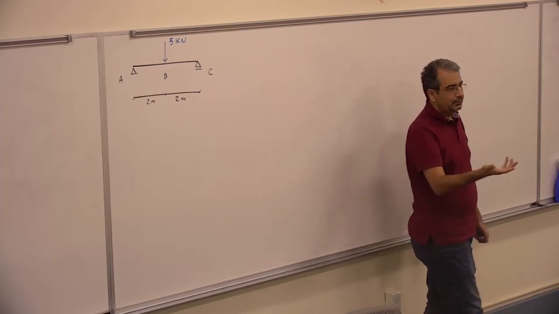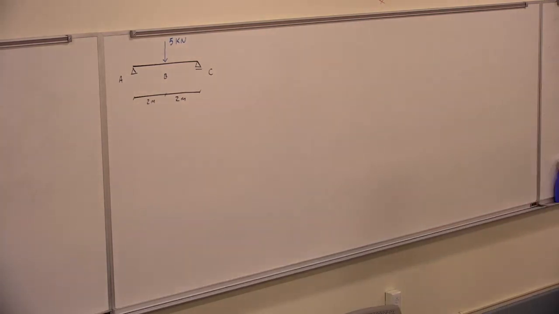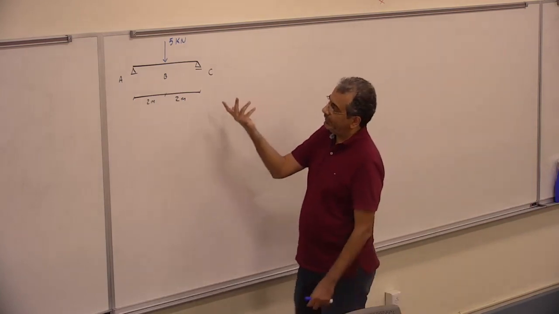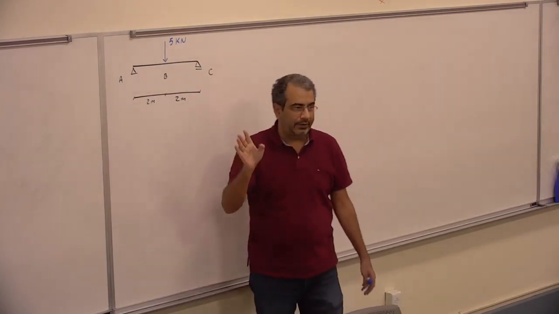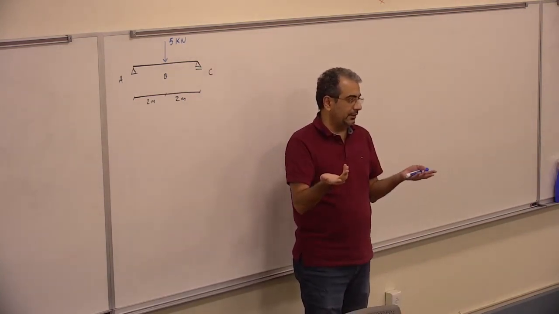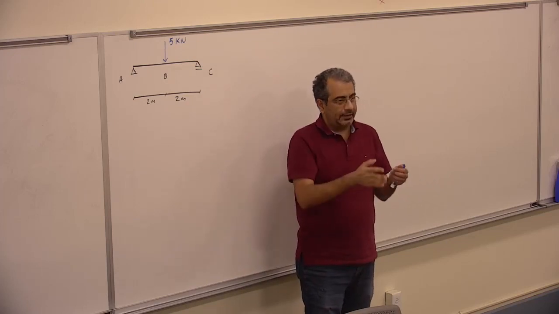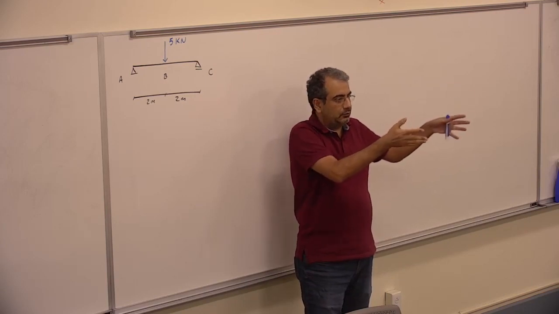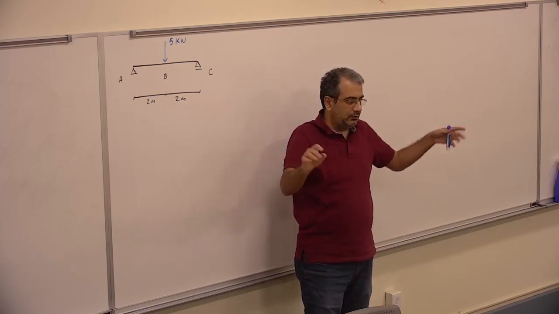So the first step is that I have to find the reaction of the support, because there's no way that I cut it in half and don't end up using the reaction of support. If I cut it in half and there's one half that doesn't have any reaction, I can use that half and I don't need to calculate the reactions.